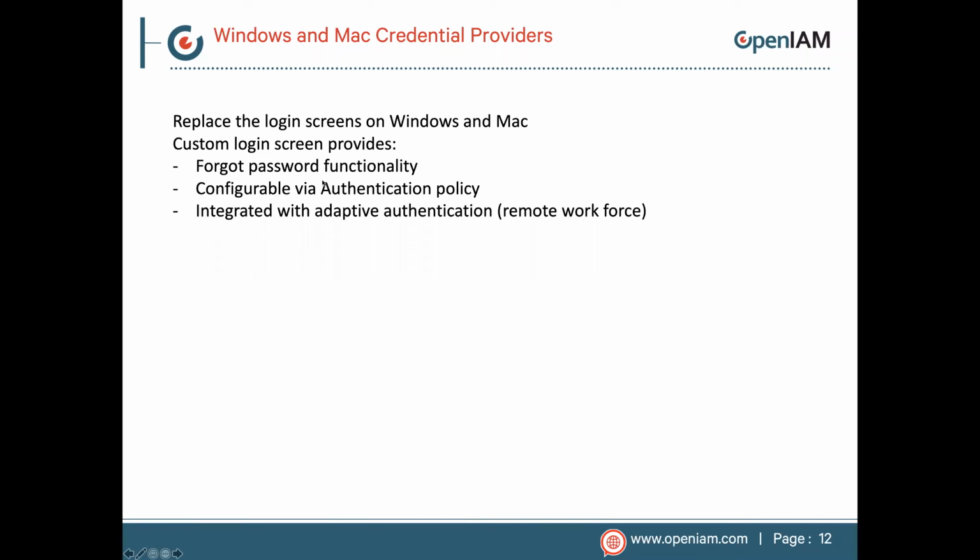MFA is, in this case, tied to our adaptive auth framework. So, for example, if somebody's working from home, you can control where they're coming from. If they're always coming in from New York, and now they're coming in from San Diego, we know that this person is no longer working from where they said they would be, and we can have policies to control that, take action, and ultimately stop them.